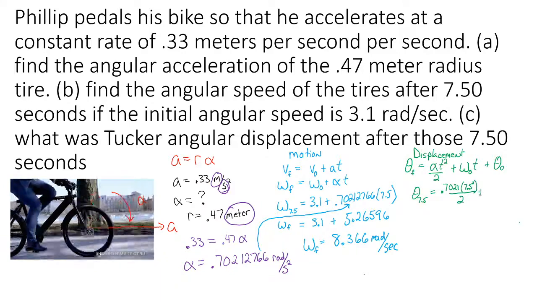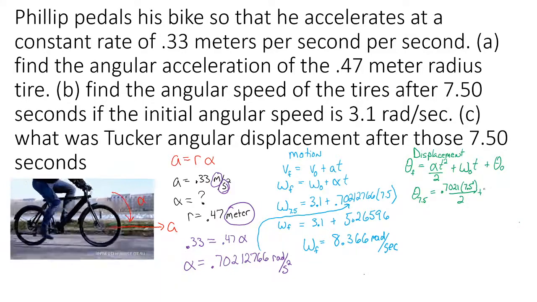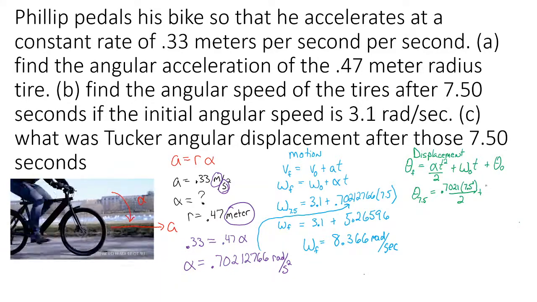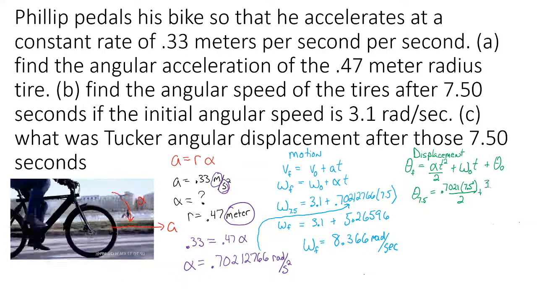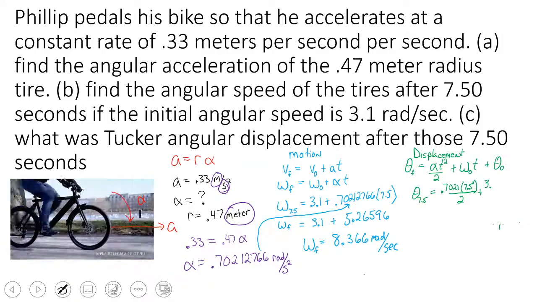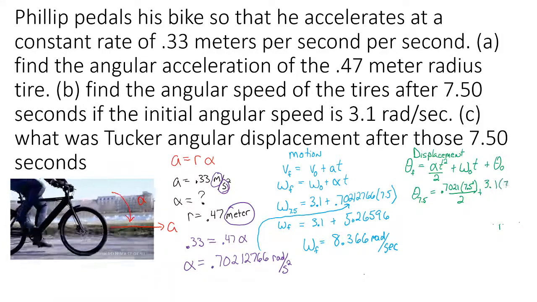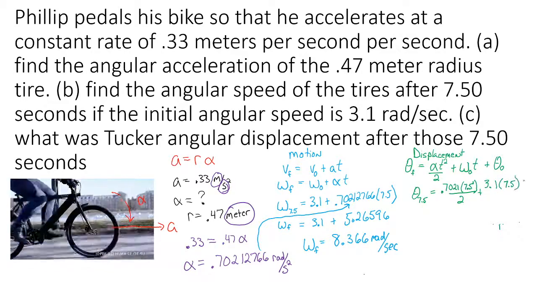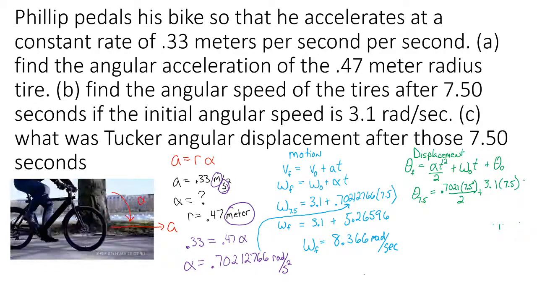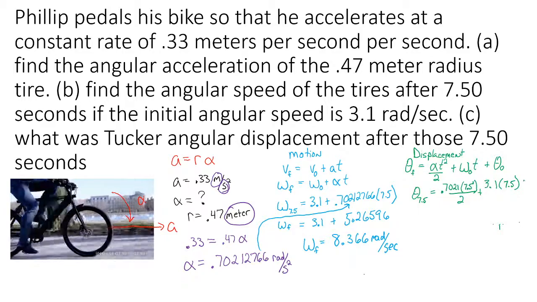We're going to divide that by 2, and the initial angular speed was 3.1, and we're going to multiply that by 7.5. And again, our initial angle is 0. There wasn't one given to us in the problem.